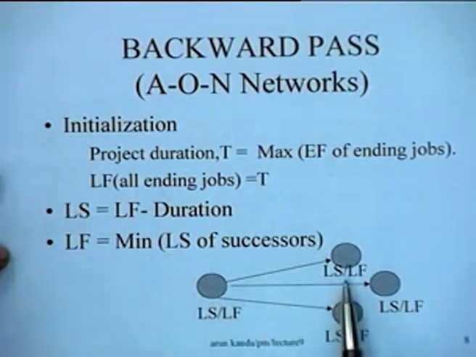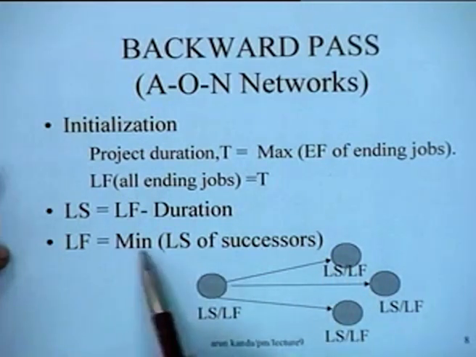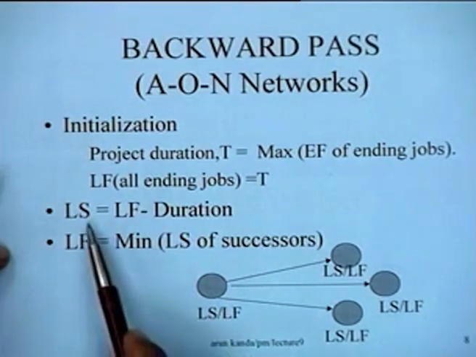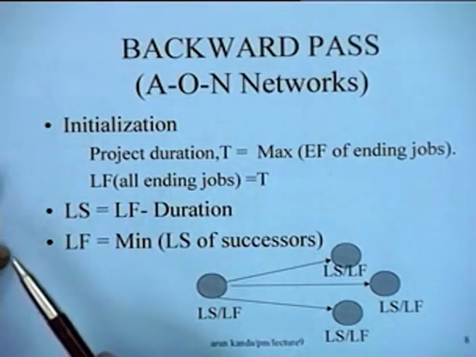Here, the late start and the late finish have been computed for all the successor nodes of the activity. So the latest start is what we are interested in. So look at this latest start for each of the successors and take the minimum, and that minimum will become the latest finish of this particular activity. And from the latest finish you can determine the latest start simply by subtracting the duration.